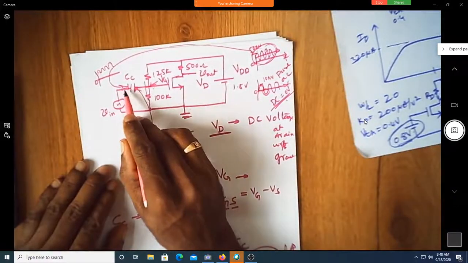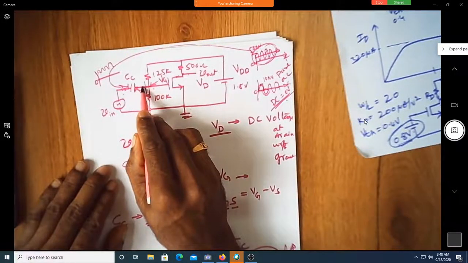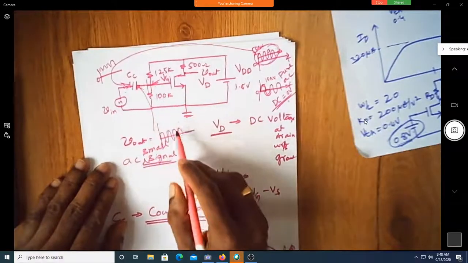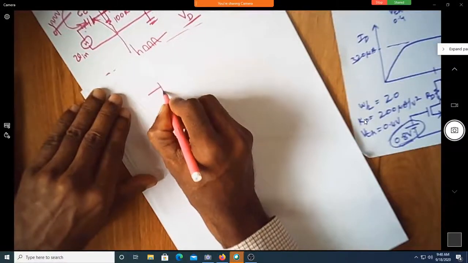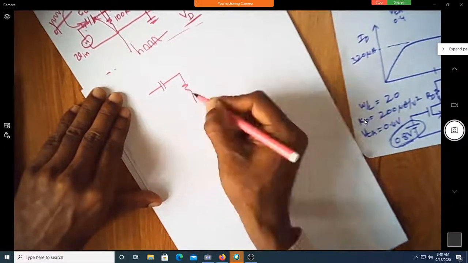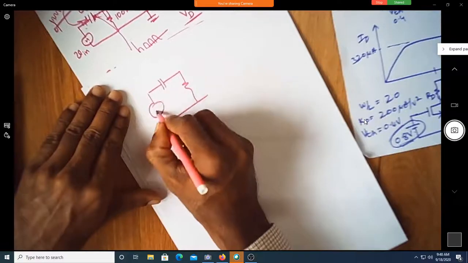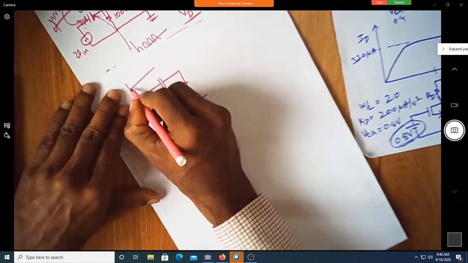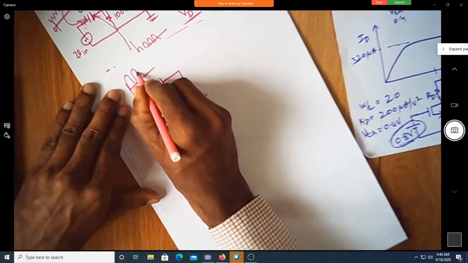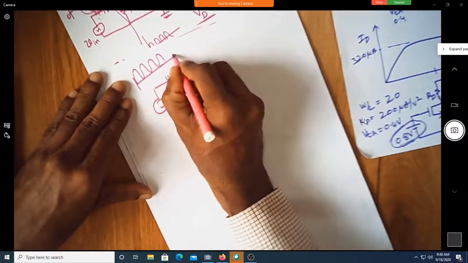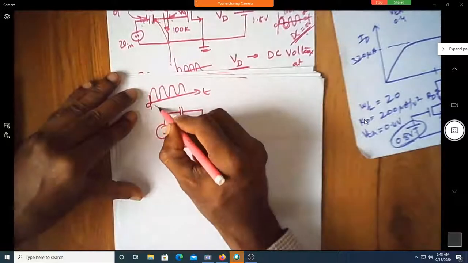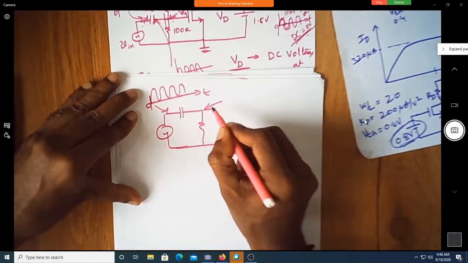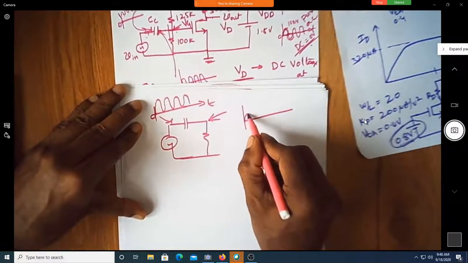Assume you have a capacitor and also a resistor, and you applied a signal which is always above 0. If you measure at this point, it will be perfectly like this.